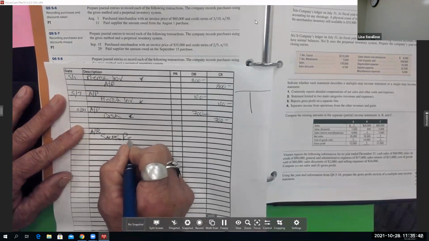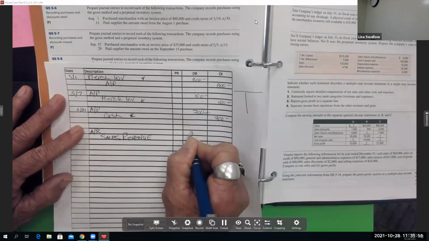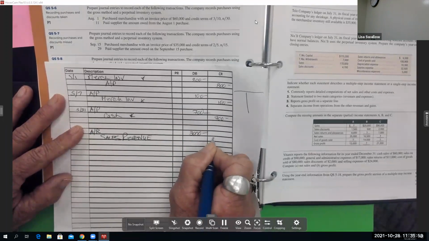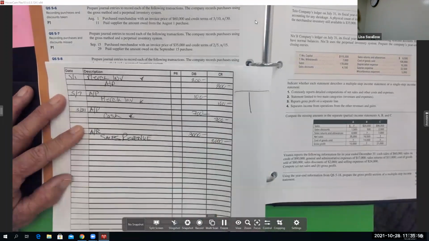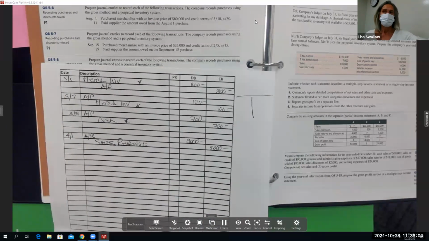Think about this, you guys, like you are sitting at the Yamaha shop buying an ATV.